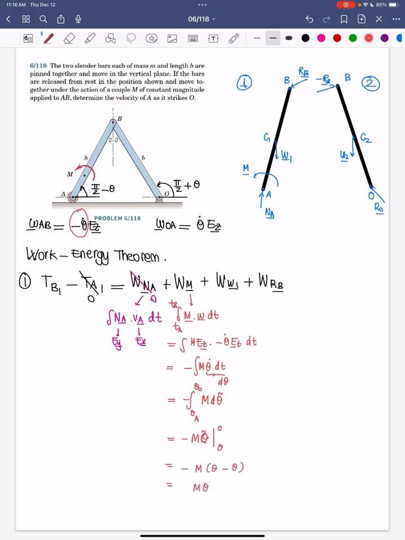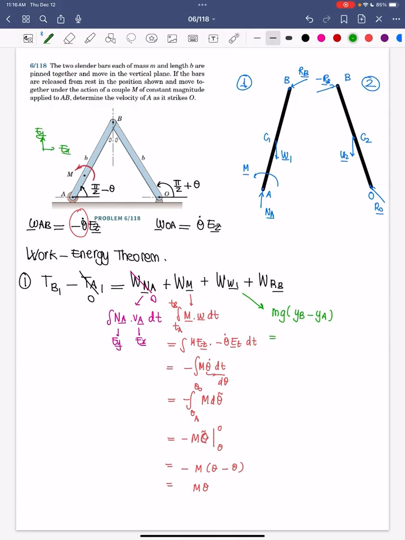Very well. The work of the weight is going to be negative because the center of mass is lifting up. So that's mg times yb minus ya. Here this is my basis, Ex, Ey.